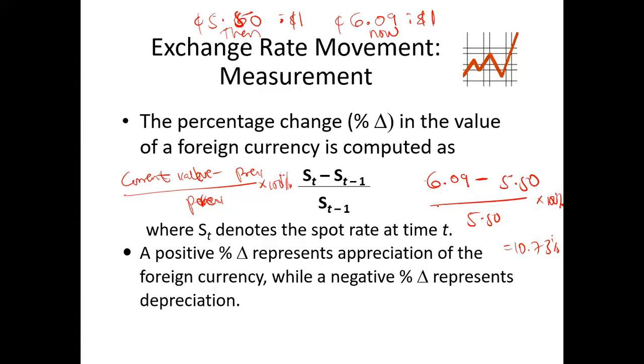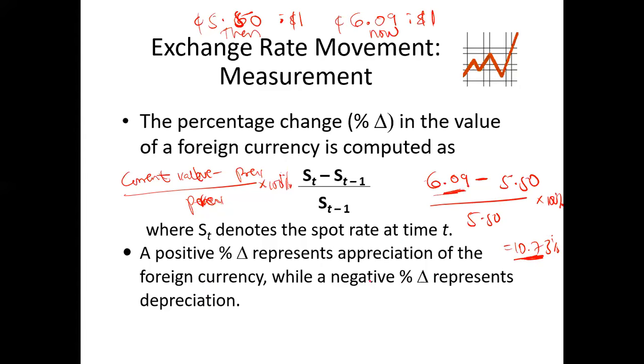So anytime you compute the percentage change in the value of a foreign currency, if you get a positive answer, it means the local currency has depreciated or the foreign currency has appreciated, because now we will need more CDs to buy $1 than before.